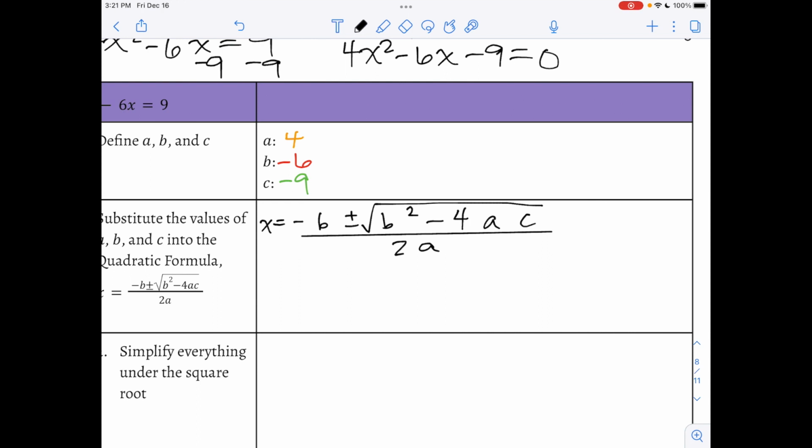All right, let's start replacing things. So my a's are 4. My b's are negative 6.